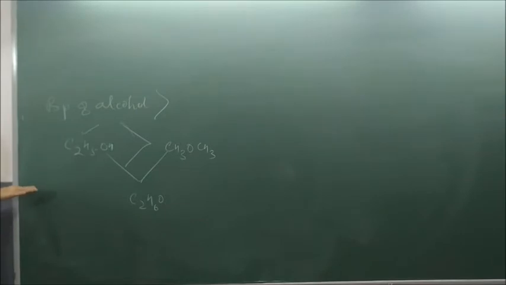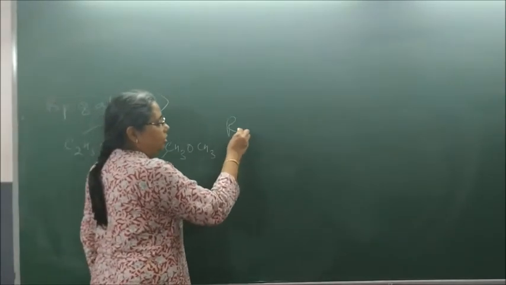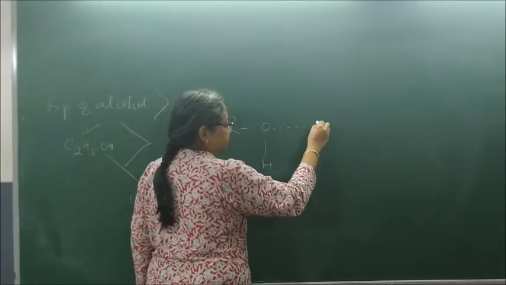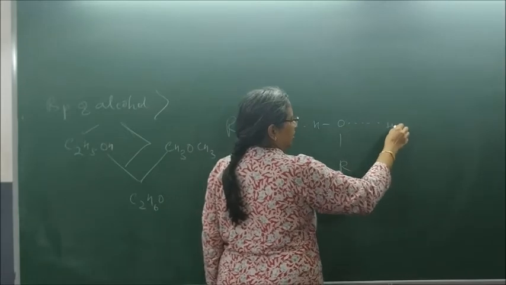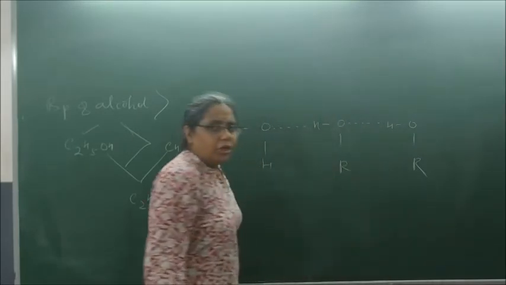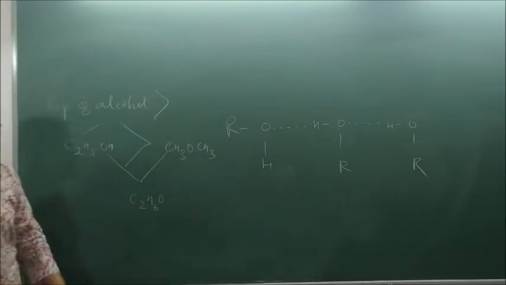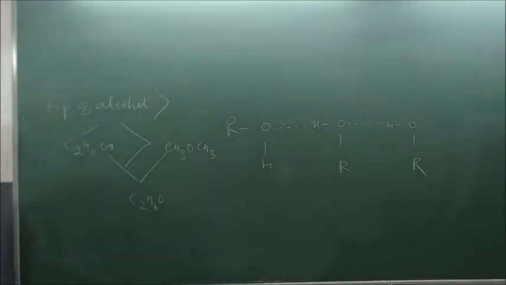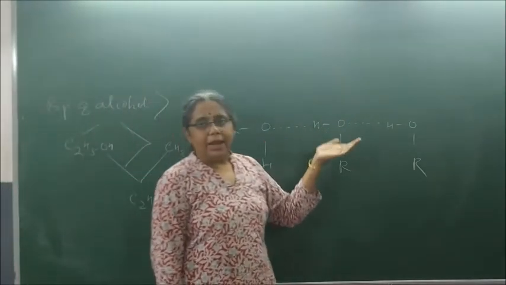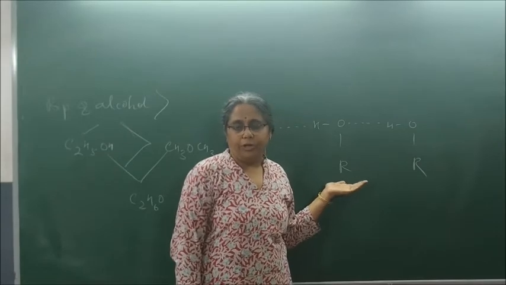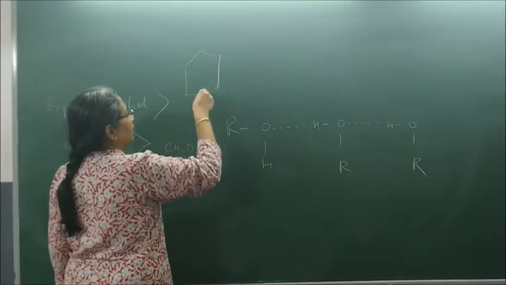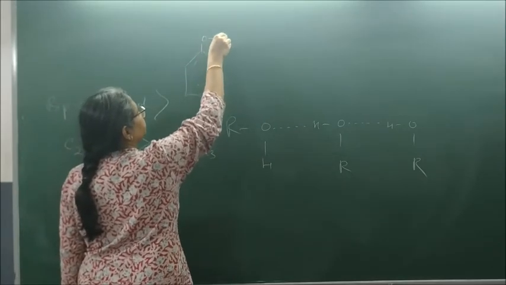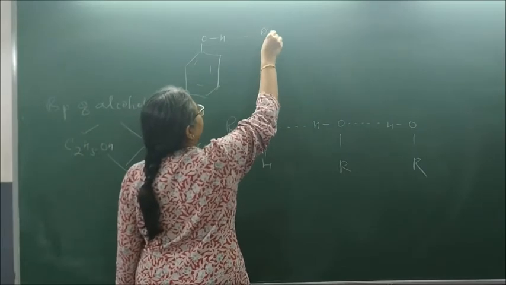What is the reason? These alcohols show intermolecular hydrogen bonding. Due to intermolecular hydrogen bonding, there is clustering of molecules, and due to clustering of molecules, there are more number of bonds to be broken, and hence more will be the boiling point. So please write, even in case of phenols, if I take C6H5OH, this H will now attract.